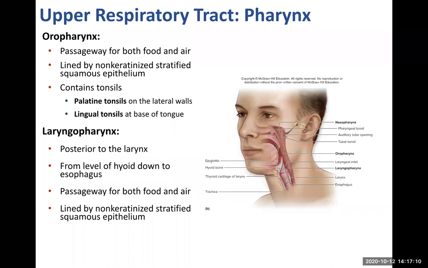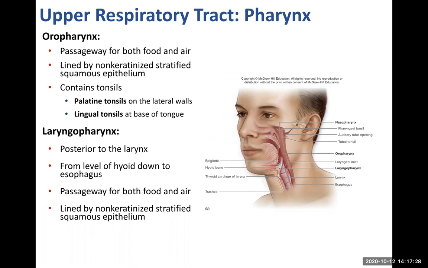Within the oropharynx, we have the palatine tonsils and the lingual tonsils, right? The palatine tonsils are the ones that we typically think of, and they're not shown very well in this image, but I'll show you another picture in a moment.